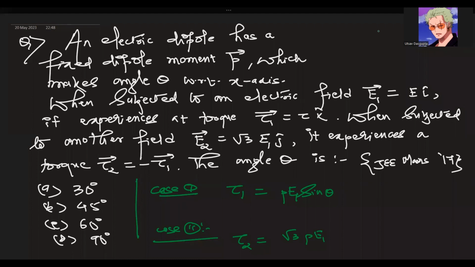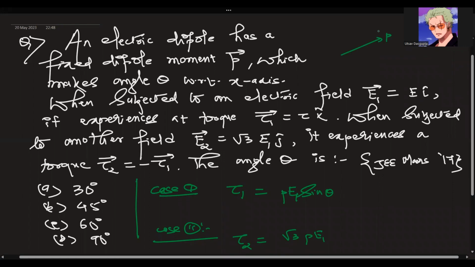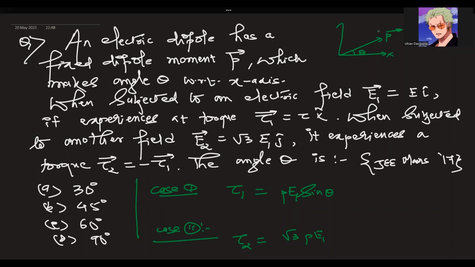যেটা বলছিলাম, দেখ, second case the dipole moment is same P, the field has become root 3 E1, কিন্তু direction of field is j cap. তাহলে যদি x এর সাথে অ্যাঙ্গেল থিটা হয়, suppose this was the dipole, if it makes angle theta with the direction of x-axis, so j cap মানে electric field is now along this axis, E2 is along this axis. তো এই অ্যাঙ্গেলটা কত হয়ে যাবে? 90 minus theta হয়ে যাবে, তাই তো?